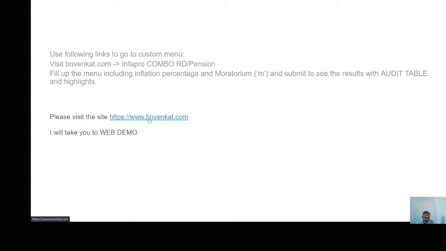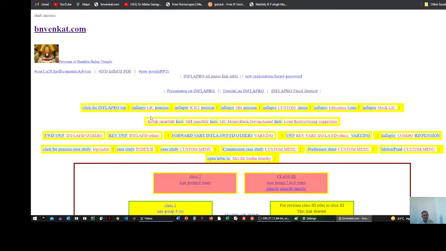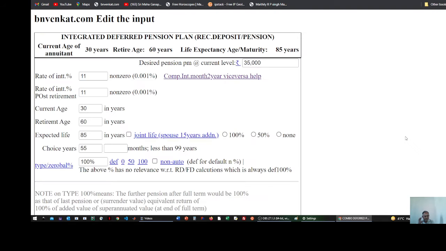Let me go to the site and demonstrate it with the same plan without a tax benefit. I went to bnvenkat.com and now I'm going to the INFLAPRO Combo Plan. Just like last time, let us fill in the same amount, 6,500, and 11% rate of interest during the corpus building time and 9% during the post-retirement time.